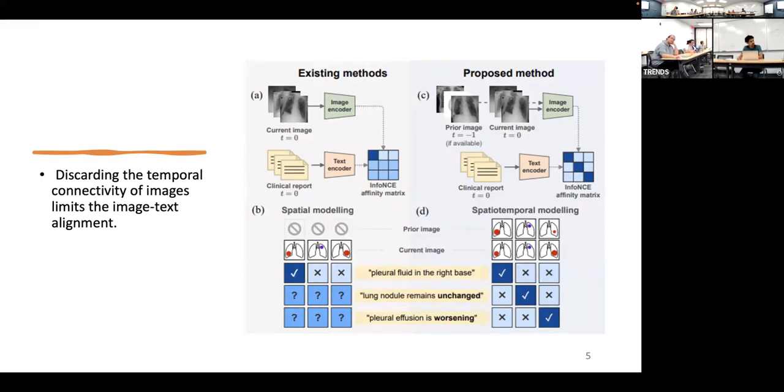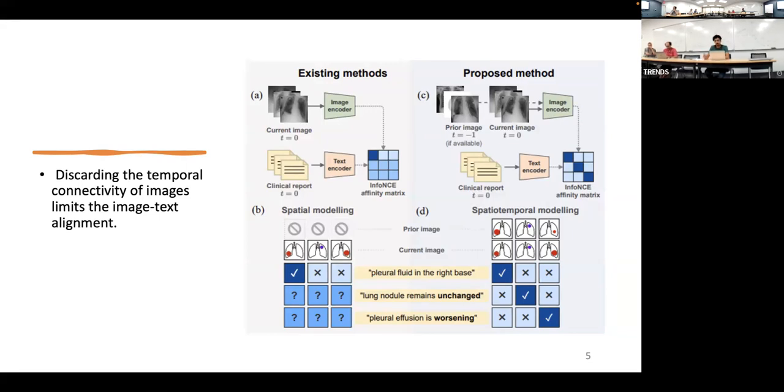If you look at the figure, A represents the existing methods and C represents the proposed method. The existing methods take the current image, pass it through an image encoder, and pass the clinical report through a text encoder to get an affinity matrix. In the proposed method, they can use the prior image if it's available.